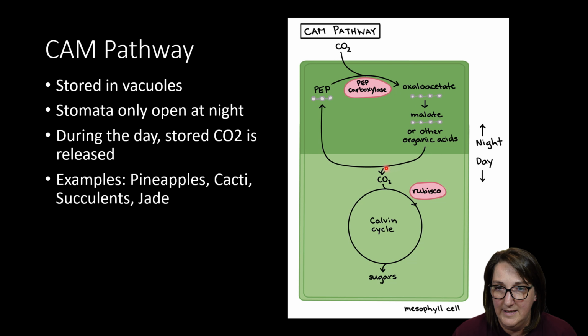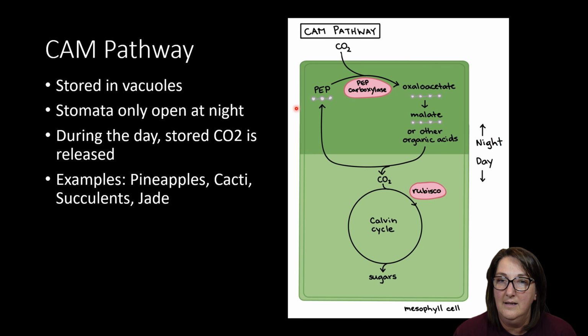Then during the day, so at night it's open, it's allowing all this stuff to happen, and then during the day, when you have the light dependent cycle working, it's going to start making all this stuff. And then when it needs to make sugars, it's going to bring in these organic molecules. It's going to pull off the carbon dioxide, and then rubisco is going to be able to do its job and make its sugars. This material will then lose the carbon dioxide, turn back into a PEP, and it's going to keep doing this cycle.